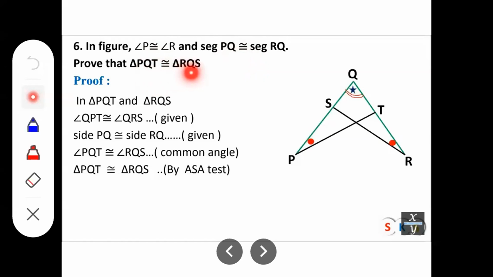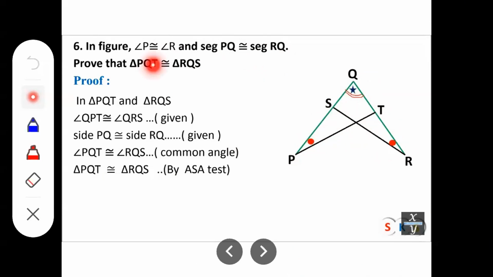Now see here, angle P is congruent to angle R, and segment PQ is congruent to segment RQ.